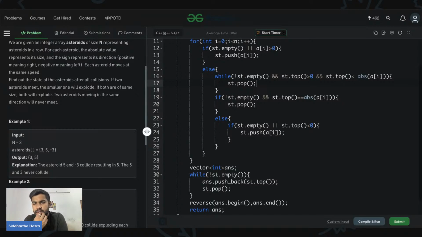Could you please explain line number 19 and 23? Line number 19: if the last element's size is the same as the current element, then they both would just splash. That is why we have removed the last element, but we have not inserted the current element.